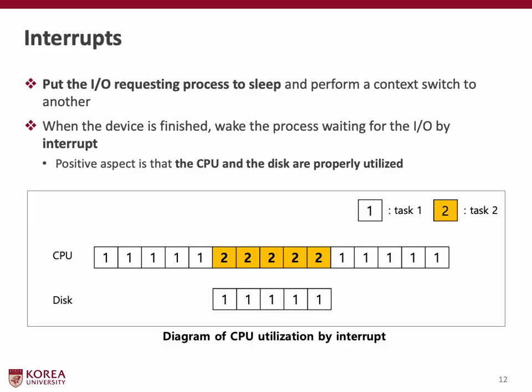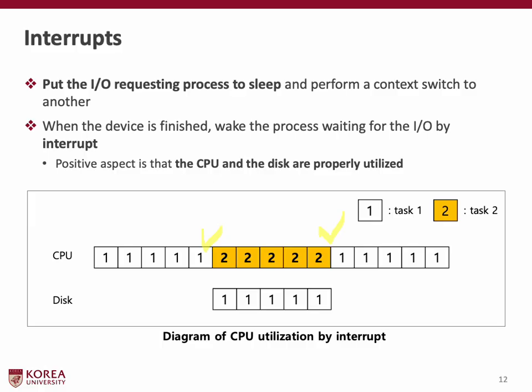Task 1 requests an I/O operation at this point, and the operating system switches to task 2 on the CPU. That is, the operating system doesn't wait for the completion of the requested I/O. And when the I/O device finishes its job, it sends an interrupt to the CPU at this point.